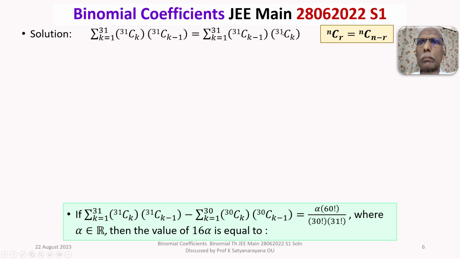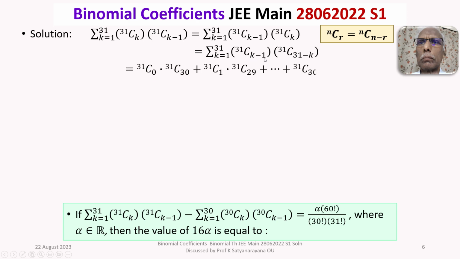So for this we write 31C(31-k). Right. Now expand. Let us put k equals 1. So we will get 31C0 multiplied by 31C30, plus k equals 2, 31C1 multiplied by 31C29, plus etc. We go to k equals 31.